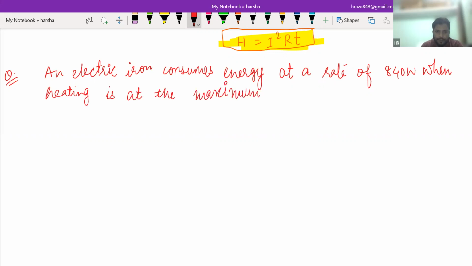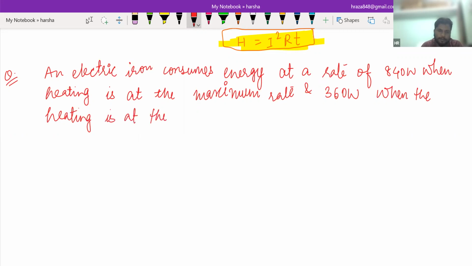An electric item consumes energy at a maximum rate of 840 watt when the heating is at maximum, and 360 watt when the heating is at the minimum. The voltage is 220 volt.